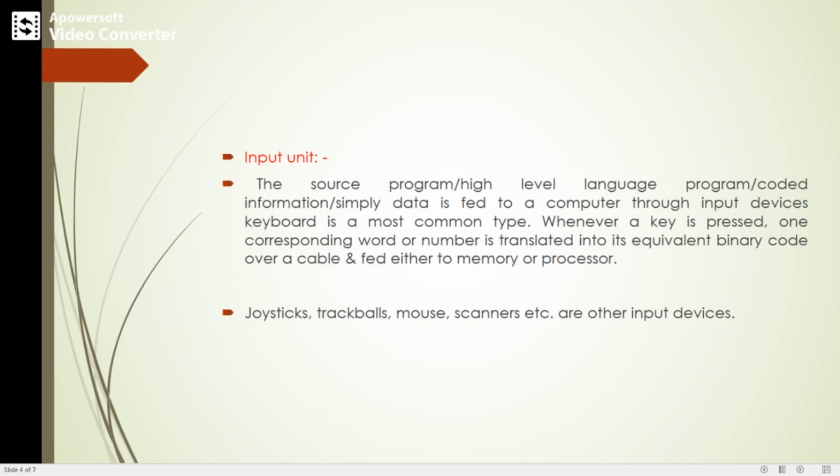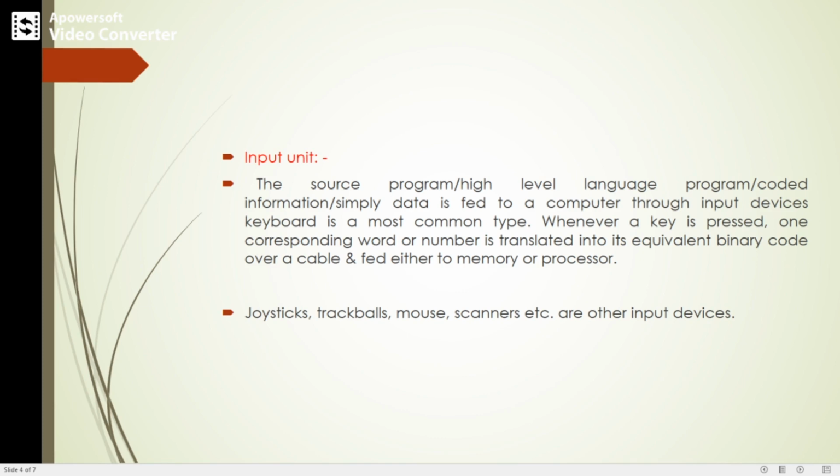The source program or high-level language program or coded information or simply data is fed to a computer through input devices like the keyboard. I can say that the keyboard is the most common type of input unit.